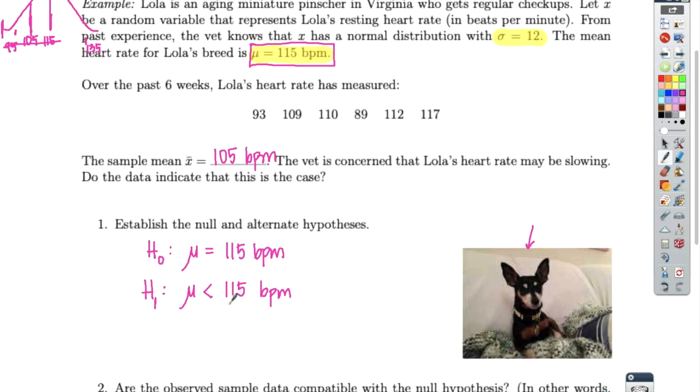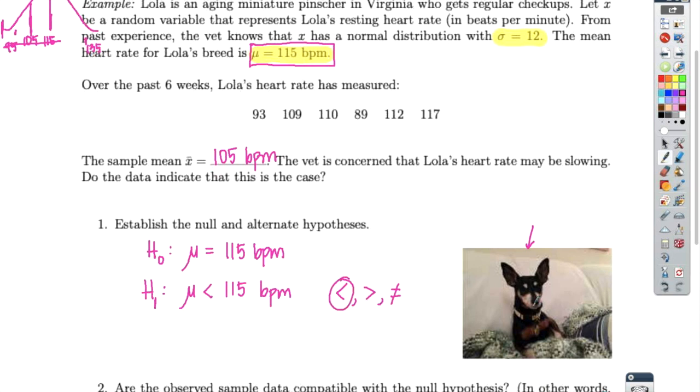Let me just clarify this. I would never say equals 105 here because the alternate hypothesis will never have an equal sign. It's always only going to have a less than, a greater than, or a not equal to. So since we got a number that's less than 115, I'm just going to go with this one.